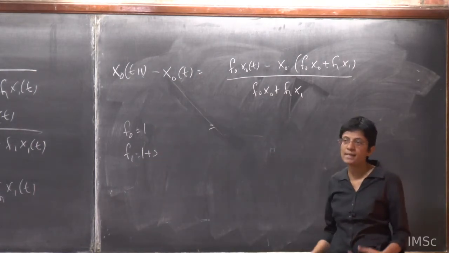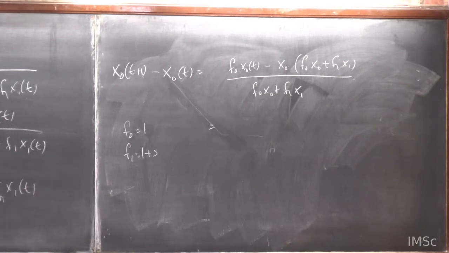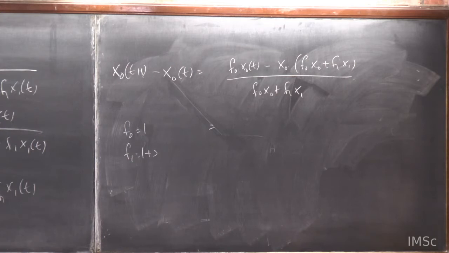Here is the physical idea. If the fitness between these 2 types is small, then will the change in the fraction be large or small? If they are very different from each other, this one has a very low fitness and the first type has a very high fitness, will their frequencies change a lot in a short time, or will they change slowly?